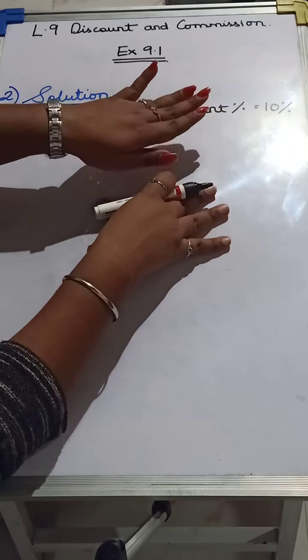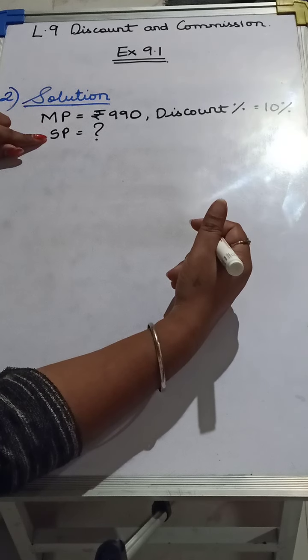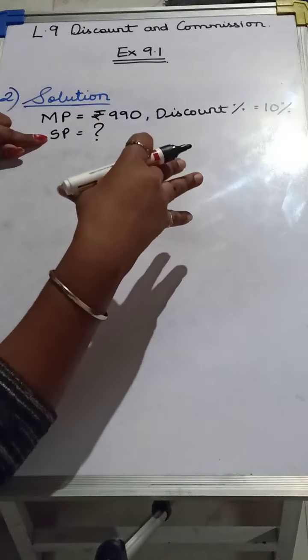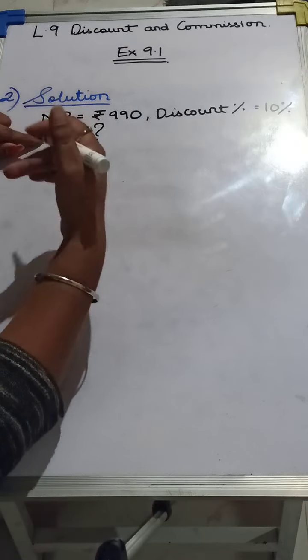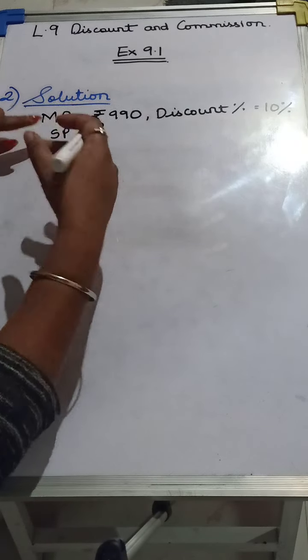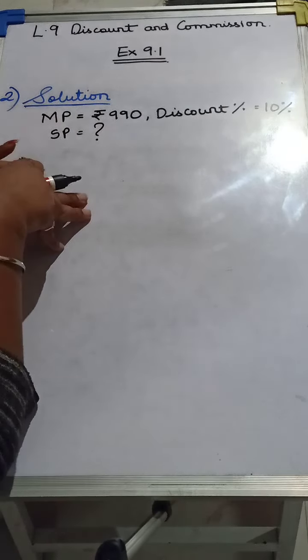So first we need to convert the discount percent to discount. With the help of discount percent, we will first find discount. Once we get the discount, then with the help of discount and marked price, we will find the selling price. So whenever you start solving, first you need to think what is given and what we need to find, and what all we need.